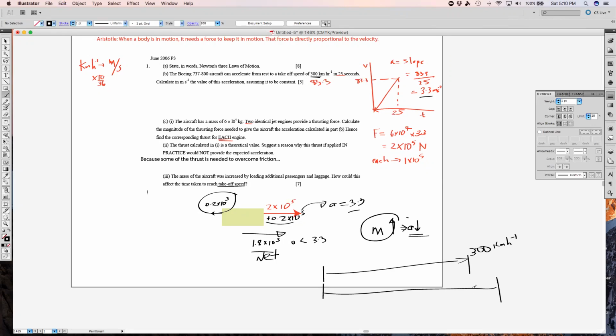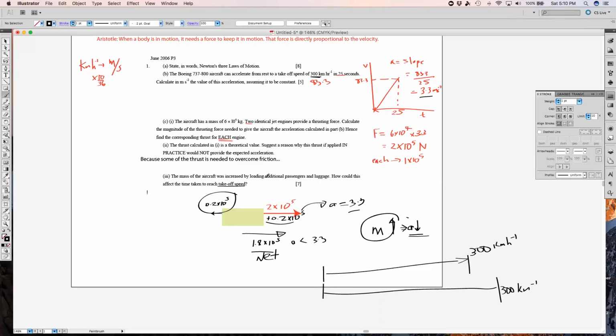The length of runway needed will be greater in order to reach the same speed at the end, 300. Clear now? So that's the answer to that.